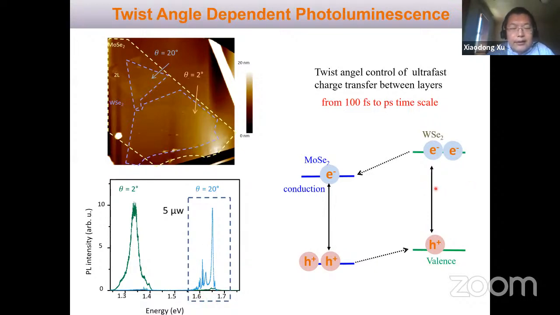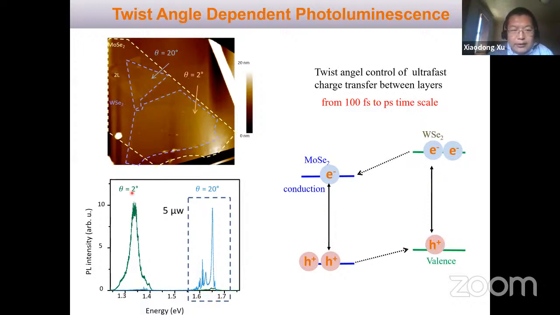So we know that in these heterobilayer systems, when you photo-excite electron hole pairs, through interlayer hopping, the electron can transfer from WSe2 to MoSe2, and the hole the other way around. This charge transfer between layers will compete with the electron hole recombination in the monolayers. Therefore, if this transfer rate is much larger than the electron hole recombination rate in the monolayer, the intralayer exciton emission will be suppressed.